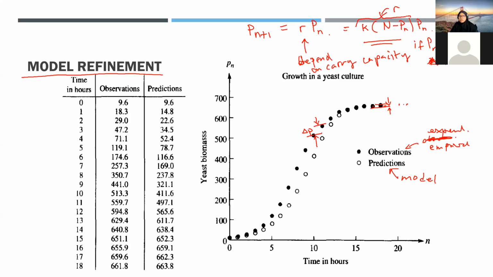So the whole thing is R. Now this is no longer a linear proportionality. This is going to be a non-linear proportionality. And by the way, this is called the logistic growth.